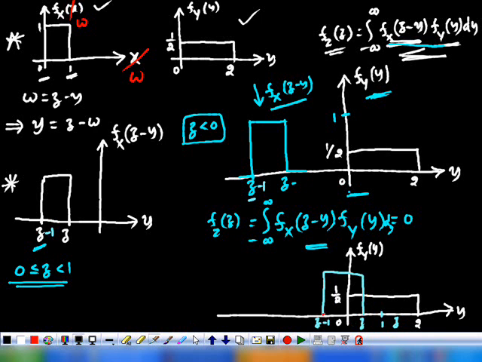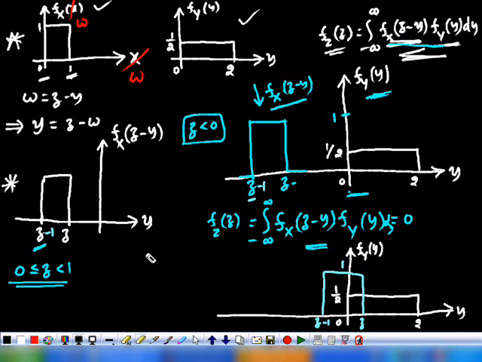Understood? This value is equivalent to 1. I followed the change. Why I changed this? Actually, z minus 1 is less than z. Understood? That's why I changed these two.